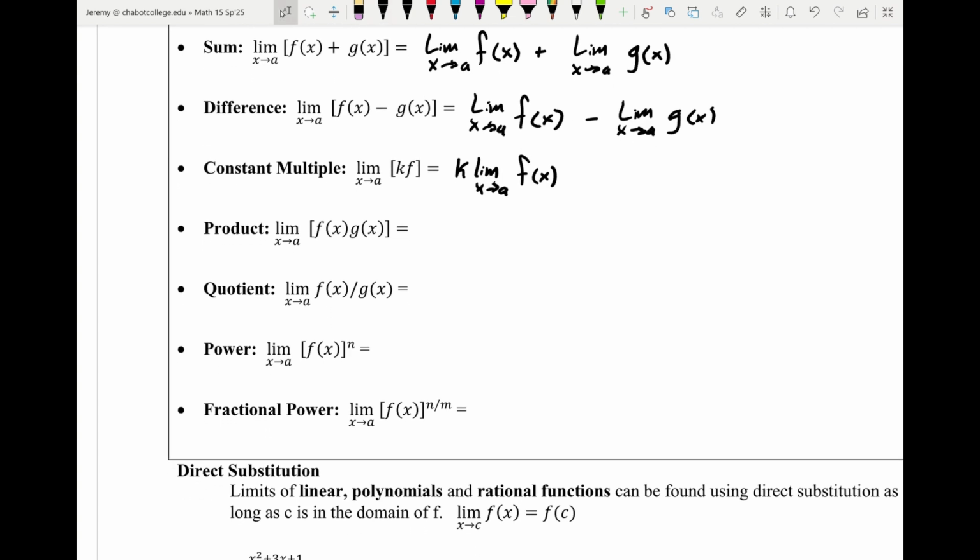We have a product rule. It turns out that the limit of a product is the same as the product of the limits. So I can rewrite this as the limit as x approaches a of f of x, times, here maybe I'll group it like this, times the limit of g of x.